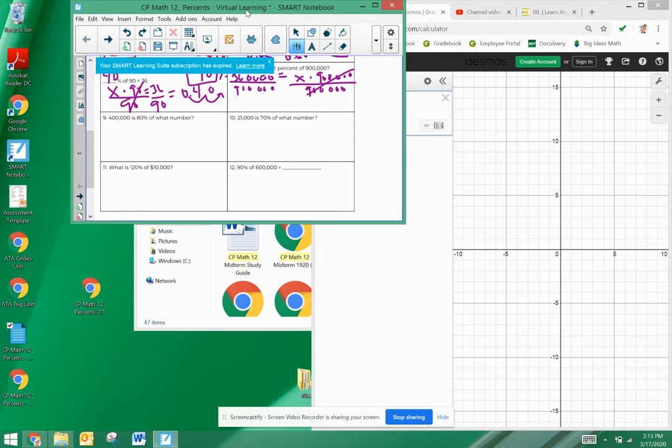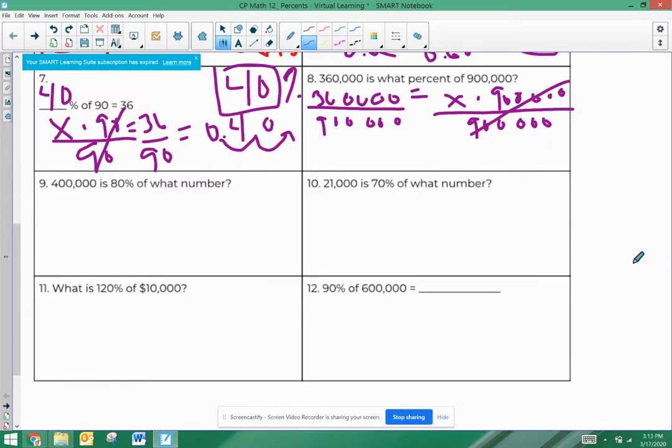Okay, 0.4, but I have to move that over twice because I want a percent. So if I move that over twice, I'm here, 40%. It's the same proportionality as number 7. The same relationship between 36 and 90 is true with 360,000 and 900,000. So cool.